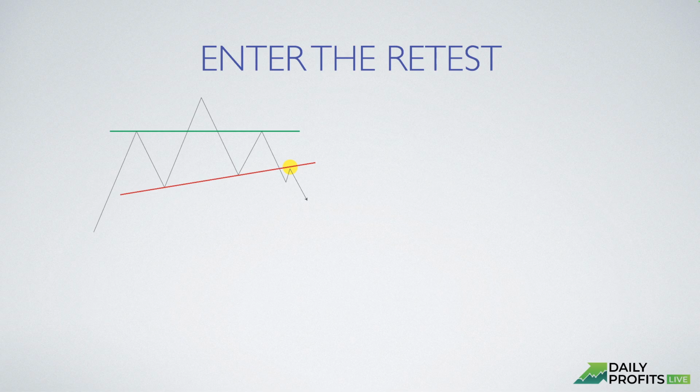So on an inverted head and shoulders, when we break that neckline, the breakout happens. What oftentimes you'll see is that initial push through, and then the price will come back and retest that level before continuing on. Okay, so that happens in an inverted head and shoulders, right?